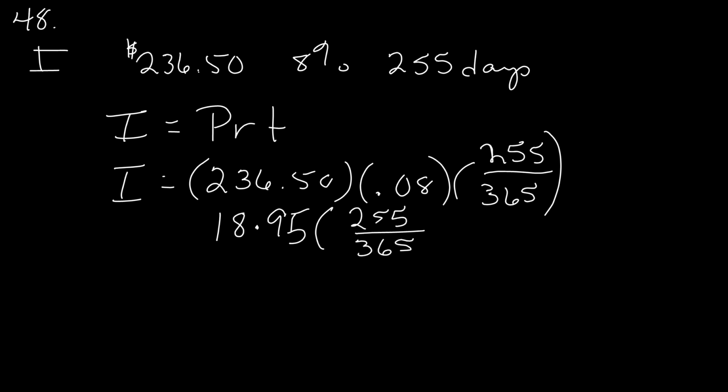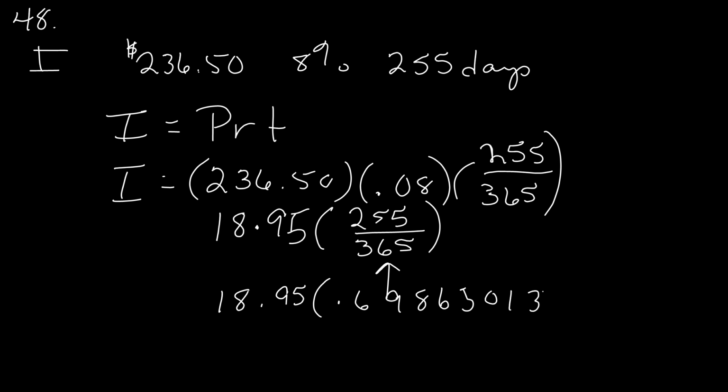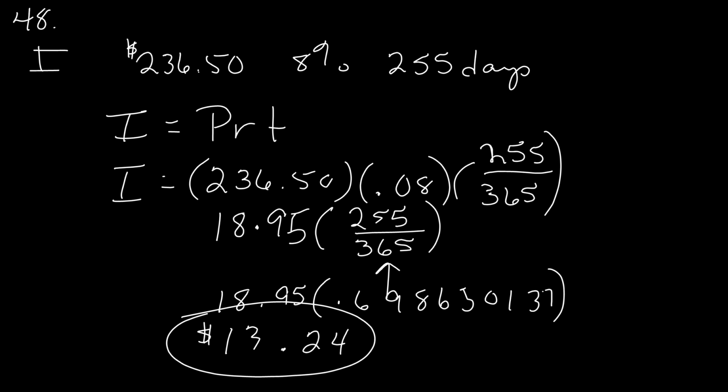If you will then take your calculator and punch in 255 divided by 365 and hit enter for an answer. And this is all, of course, in my calculator. So now I can just hit times 18.95, and this will be what I will get when I round. So that's my interest. And of course, future value is just take your interest and add it to your principal, and that will give you your future value. So this is how you deal with days. You just put it over 365.